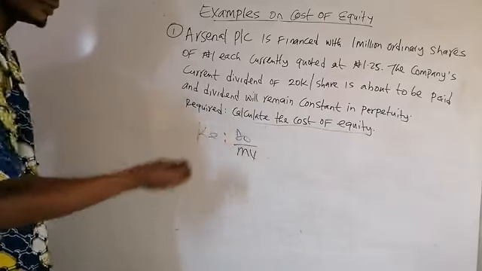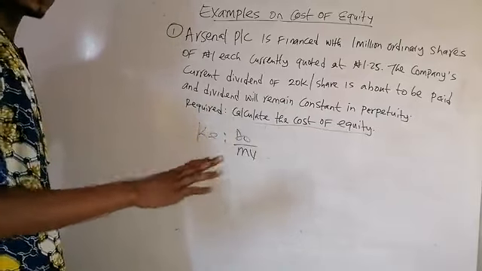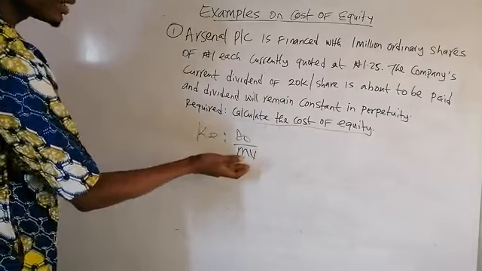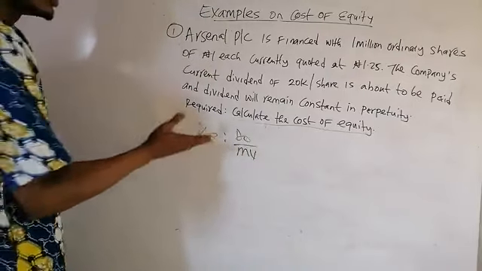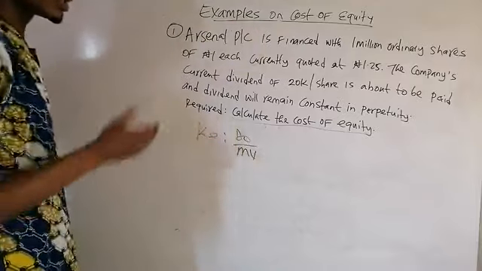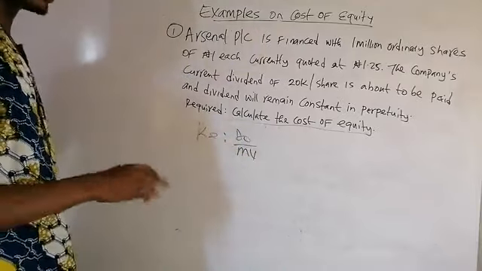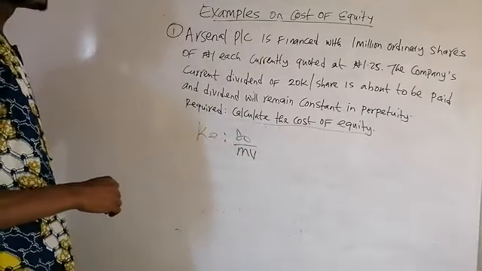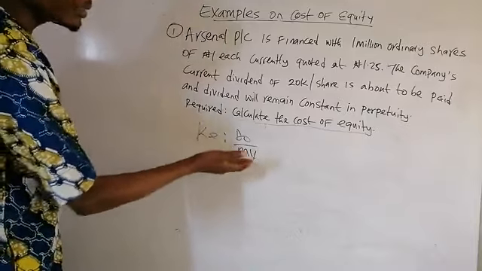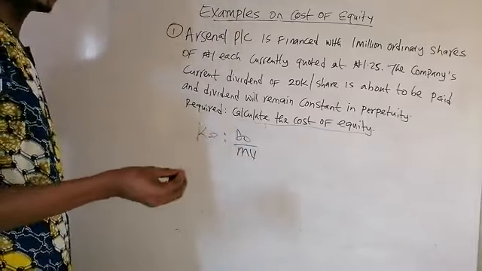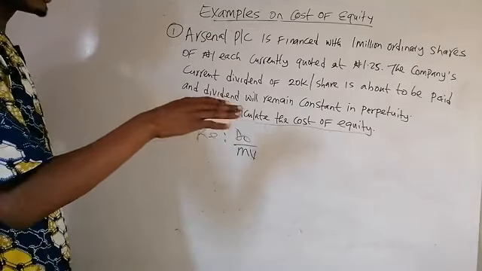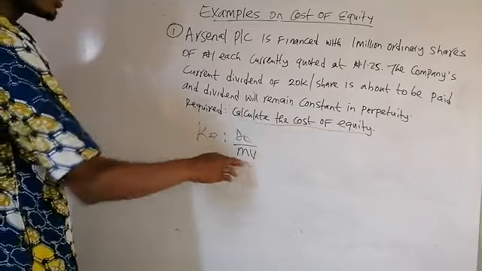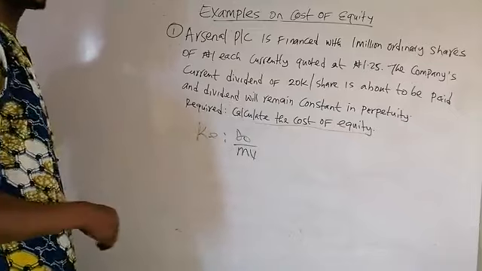What do you mean by ex div? Market value exclusive of dividend. Cum div, market value cum div, means market value inclusive of dividend. So this market value, is it cum div or ex dividend? How do we determine whether this market value is cum div or ex dividend? I gave out some yardsticks to know this.